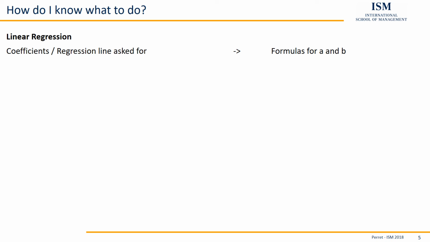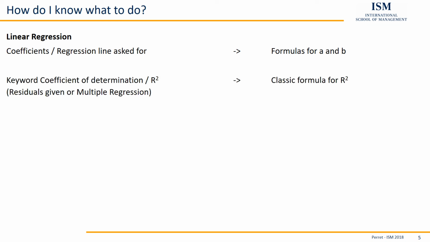So it's in some way about the regression line, the coefficients of the regression line. Then you actually have to calculate these coefficients. For this you can use the formulas for the intercept and the slope. So that's the easy part.